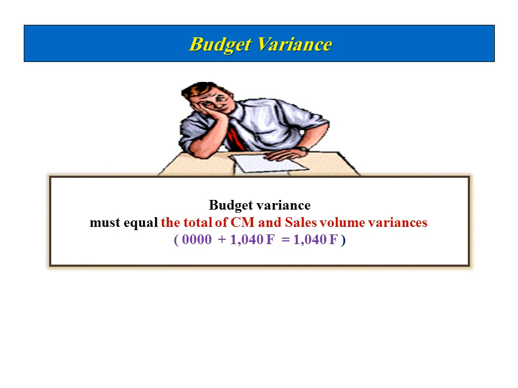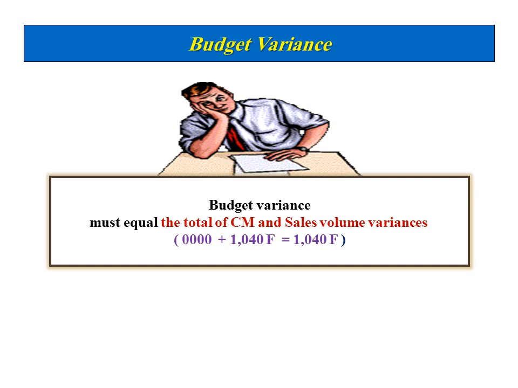Here my budget variance must equal the total of contribution margin and sales volume. Contribution margin, if you remember, 0, and here I have sales volume 1,040, so the total 1,040. This is the amount of budget variance.